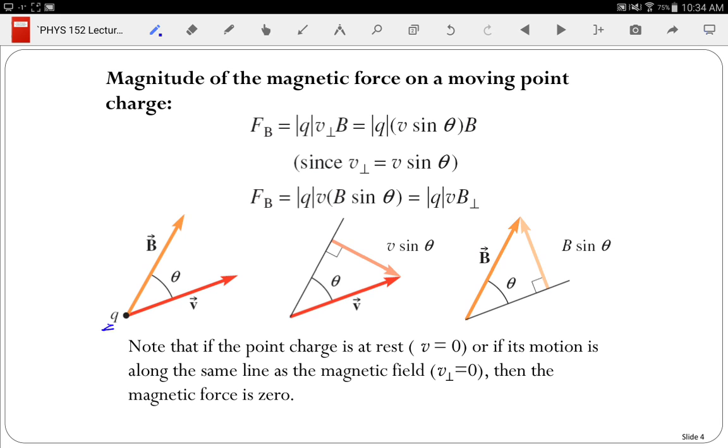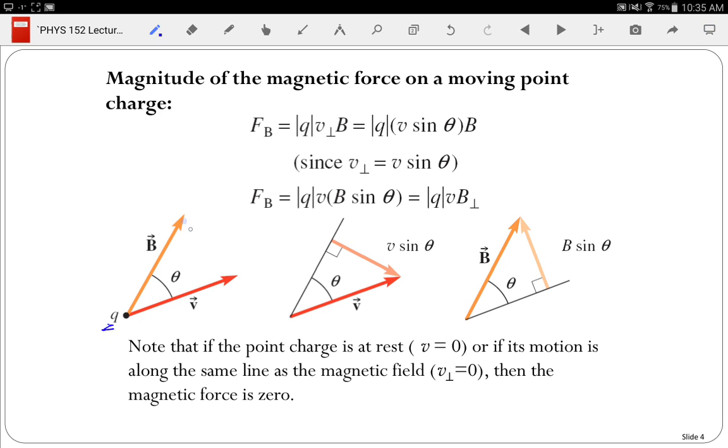The answer is it doesn't matter. Choose one. So this shows two pictures. The first one is saying, let's take the magnetic field and find the component of the... hey, that picture doesn't look right. I've got to look at this again.